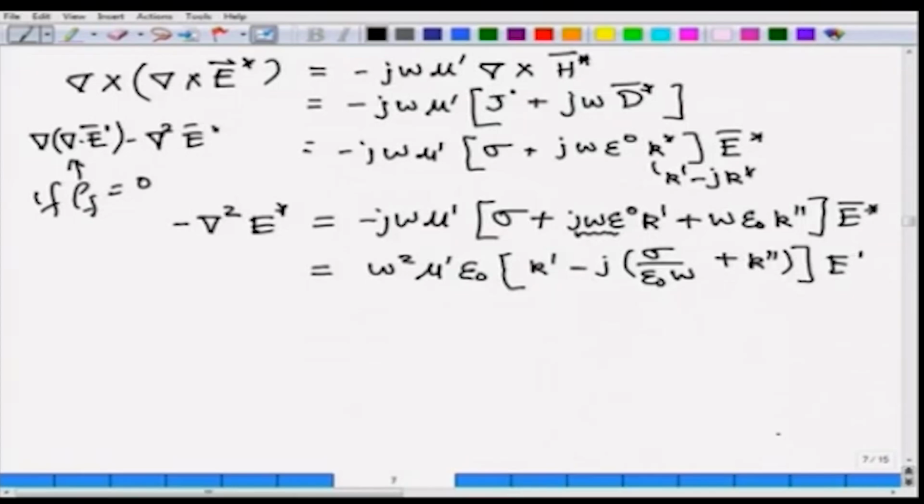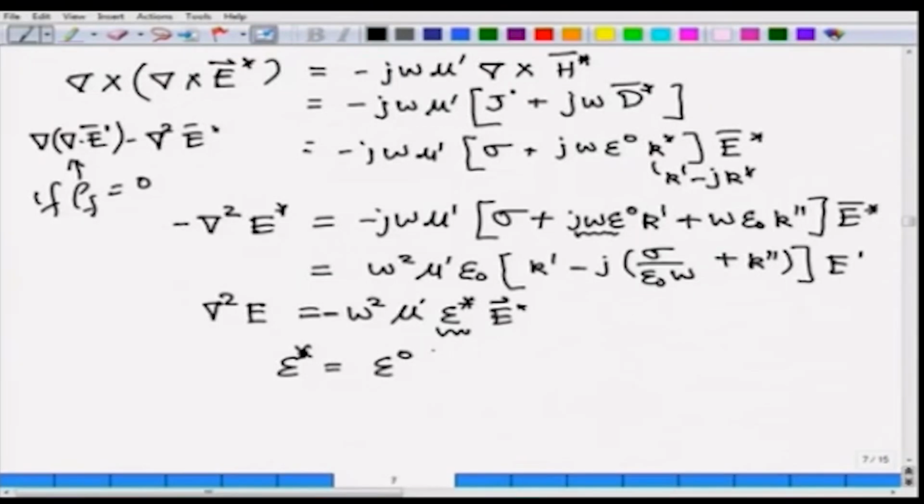So, what do I see? I see this as some complex dielectric constant times E, and now from this wave equation, a minus sign here, and from the wave equation we can recognize this quantity as being equivalent to the permittivity in free space, and that we are writing as this quantity.